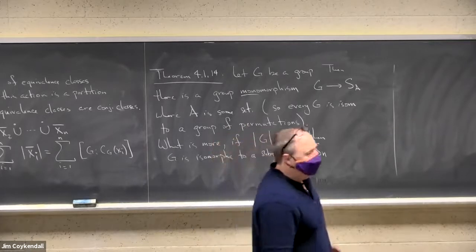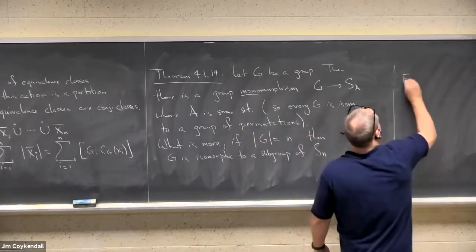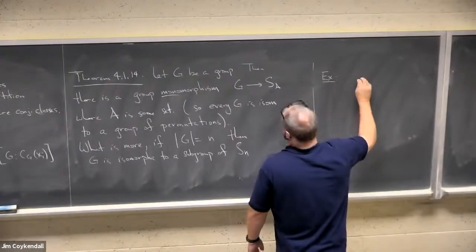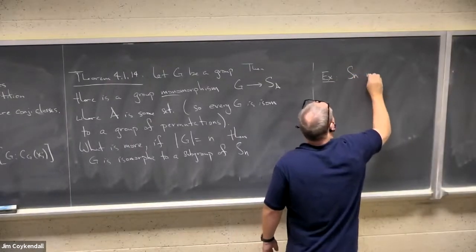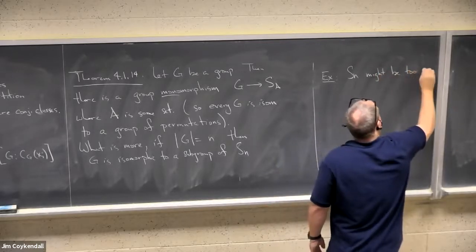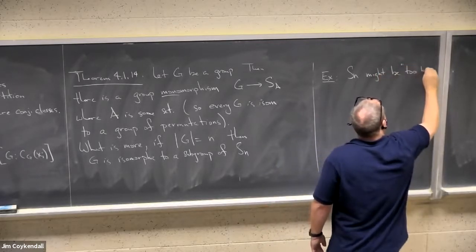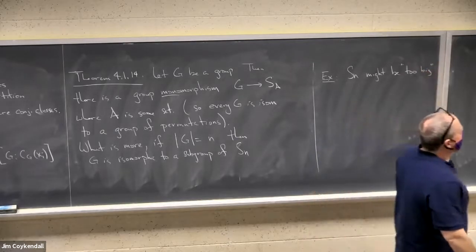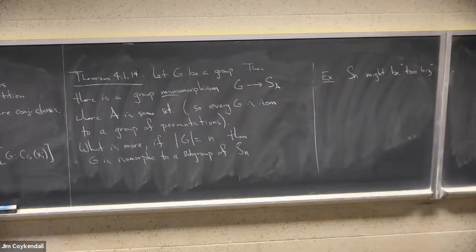When I say it might be too big, for a particular group you might be able to find a smaller Sn, but let me give you a silly example.